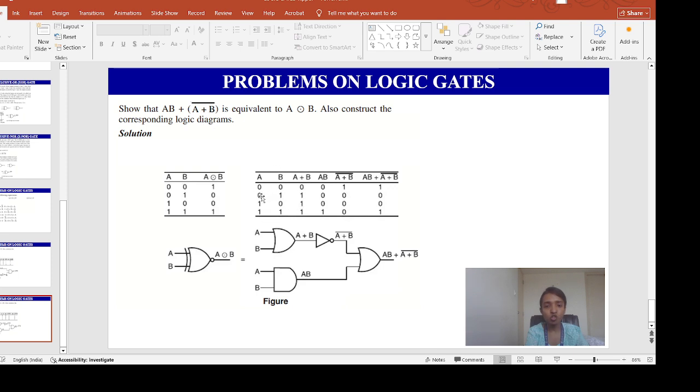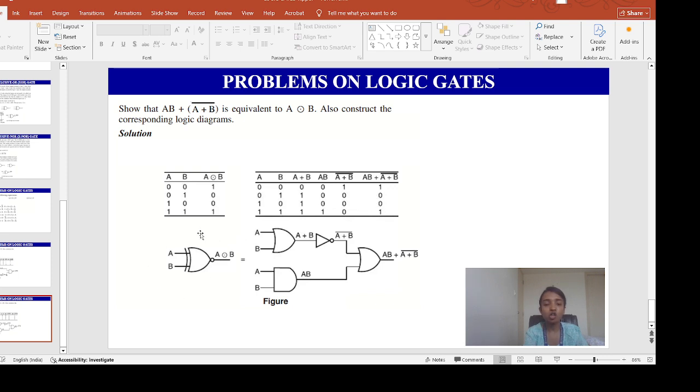We know 0 plus 0 is 0, 0 plus 1 is 1. Likewise, we write the A plus B column. Then AB, A and B, we do the AND operation. Then (A plus B) whole bar: we have already found A plus B, so we find the complement of it. 0 will be 1, 1 will be 0, like that. Now we have to perform an OR operation. So this AB, we have to OR it with (A plus B) whole bar. 0 plus 1 is 1, 0, 0, 0, 0, 0, and 1, 0 will be 1.